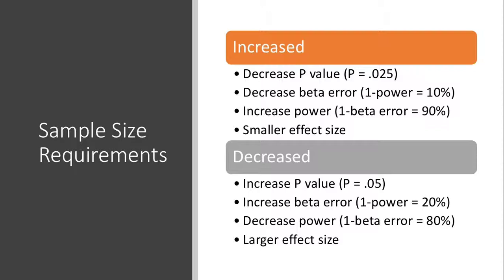You can get away with smaller sample size requirements if you use a higher p-value, say 0.05 as opposed to 0.025. You increase the beta error, you go from 10 to 20%, which is what we usually do. Decrease power, 80%, and if you have a larger estimated effect size, which is what we discovered earlier in the saline bolus studies.